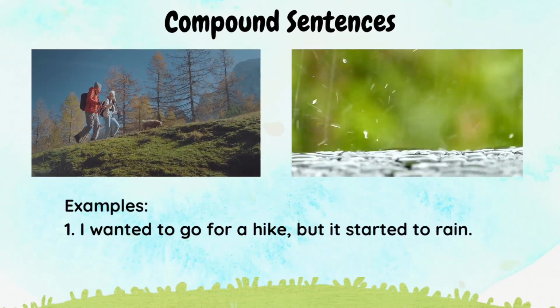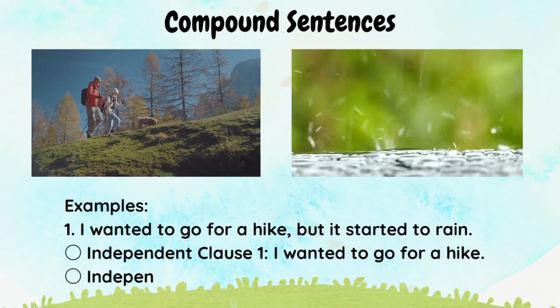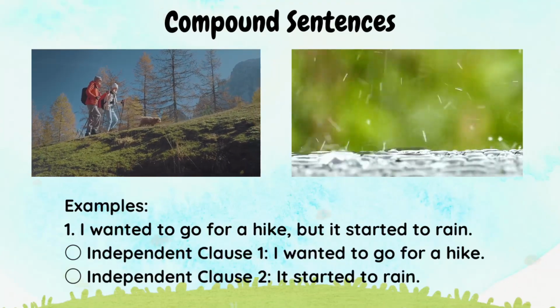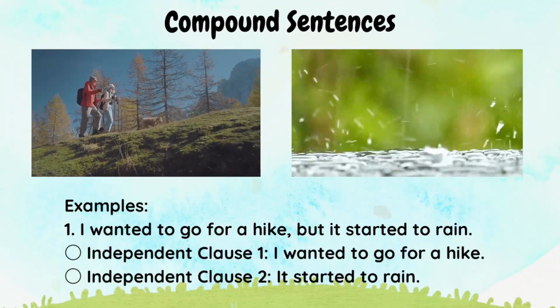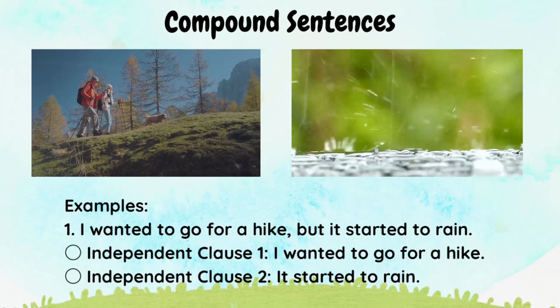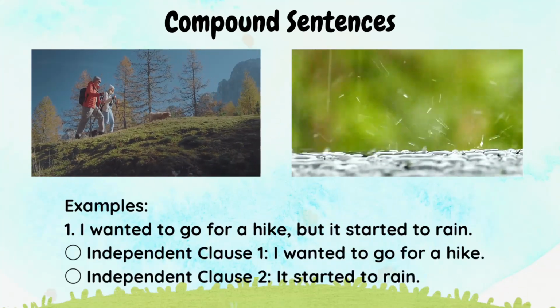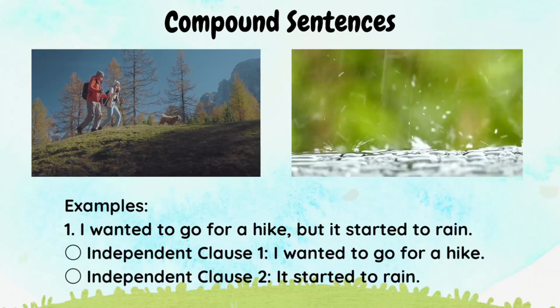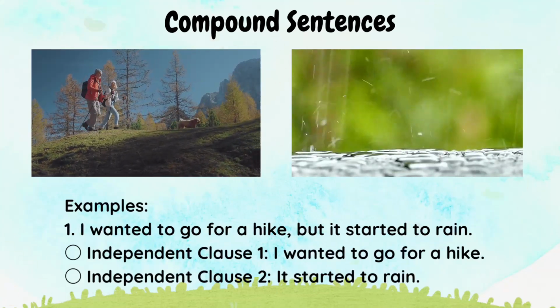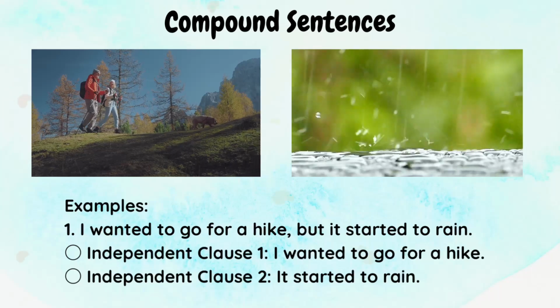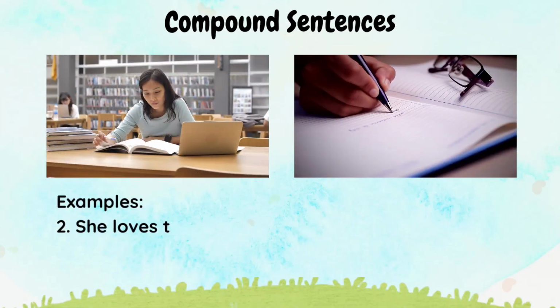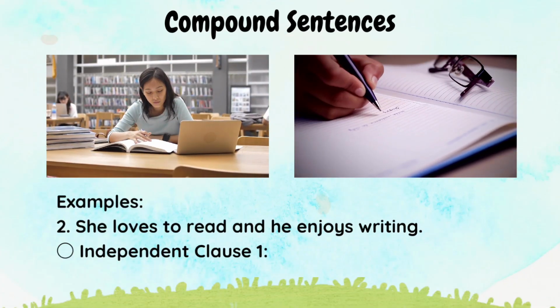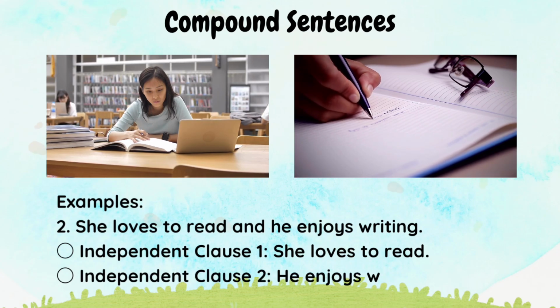Now, let's see examples of compound sentences. First, I wanted to go for a hike, but it started to rain. Notice how the two independent clauses, I wanted to go for a hike and it started to rain, are connected by the coordinating conjunction but. The next example, she loves to read and he enjoys writing.